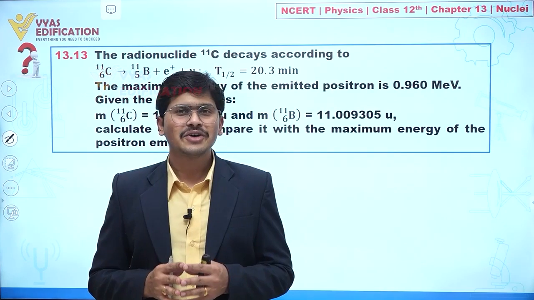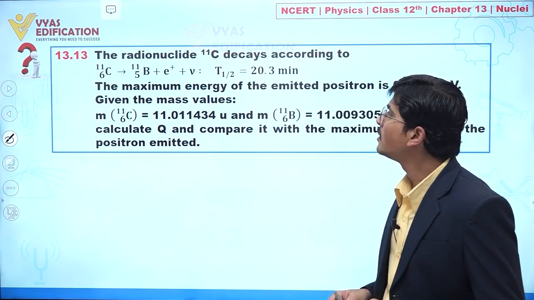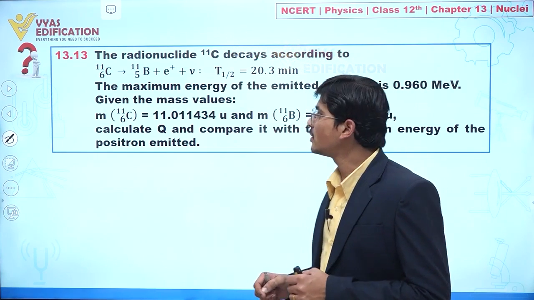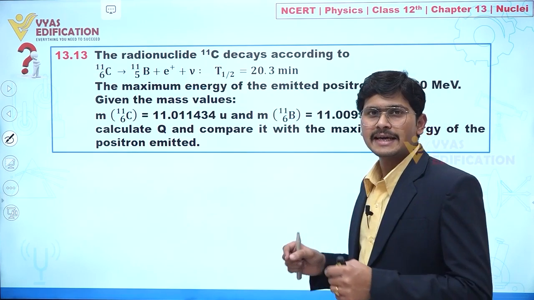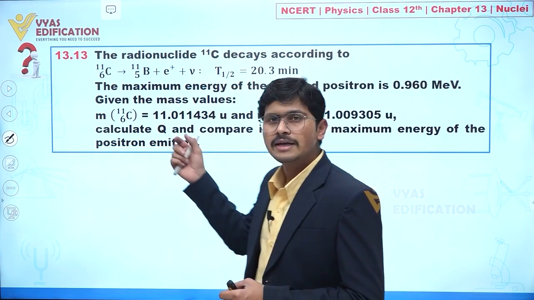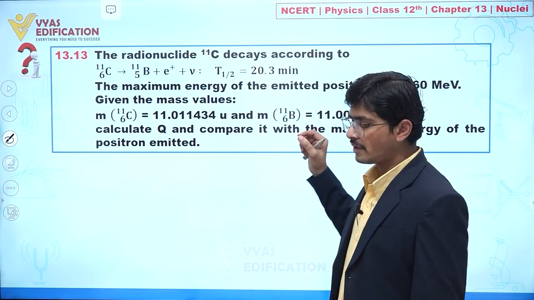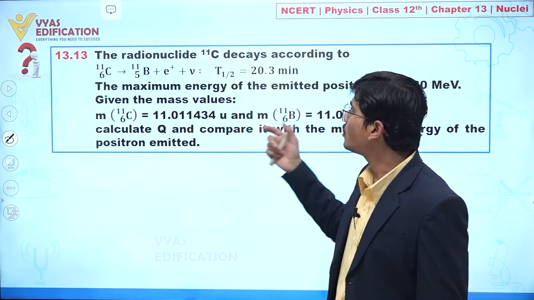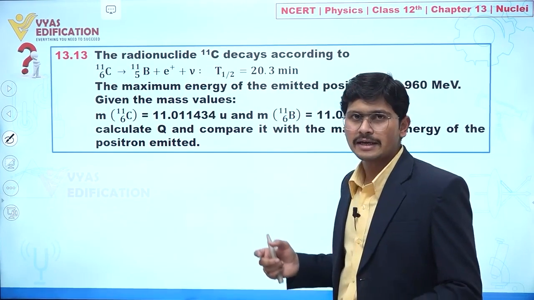Now dear student, we are going to discuss question number 13.13, clear. In this question it is given to you that the radionuclide 11 carbon decays according to a nuclear equation: 6C11 is converting into 5B11, then a positron is emitted and we have a neutrino, clear.